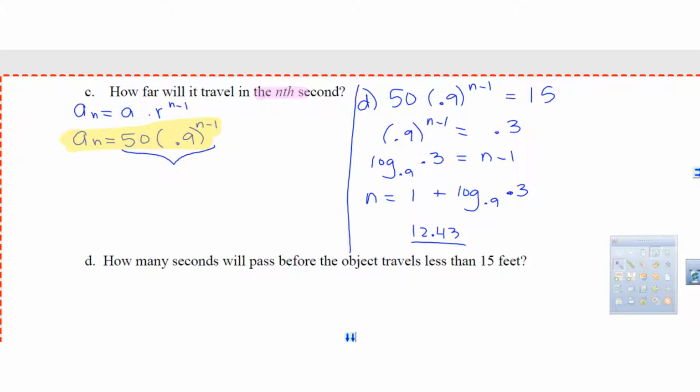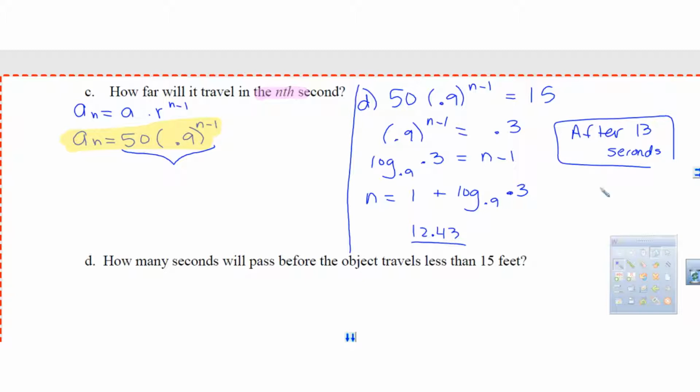So when will it be less? Somebody tell me that. After 12.43. And how many seconds is the next unit after 12.43? 13. So you have to go to the next one. Okay? So the answer is going to be after 13 seconds. That's your answer, and we're done.